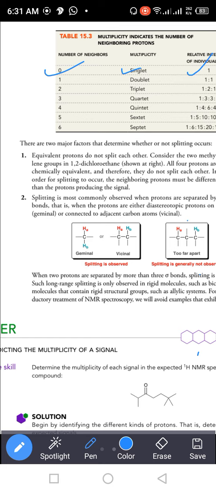With 1 neighboring proton, a doublet, 2 peaks, ratio 1 to 1. 2 protons give a triplet, 1 2 1 ratio. 3 protons give a quartet, 1 3 3 1 ratio. 4 protons give a quintet, meaning 5 peaks, and 5 protons give a sextet with 6 peaks, and 6 protons give a septet, meaning 7 peaks. So these are the possibilities of neighboring protons giving different multiplicity patterns.